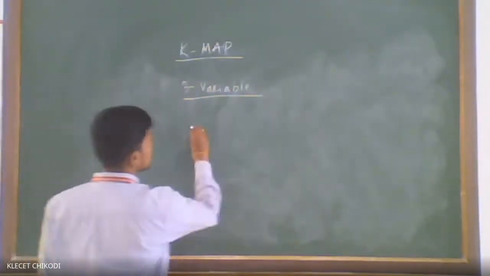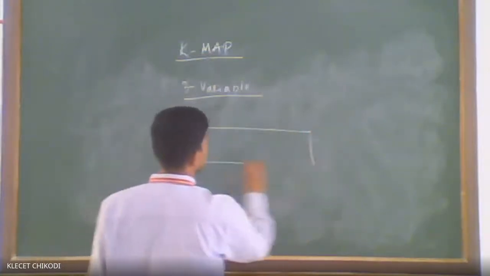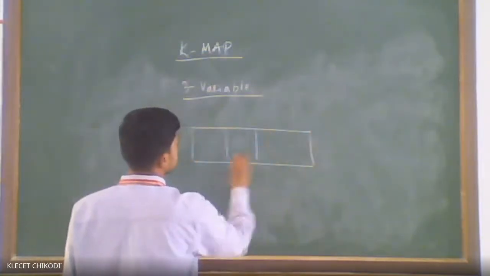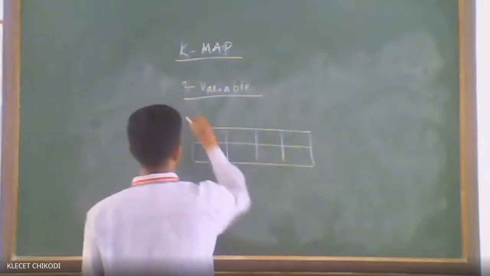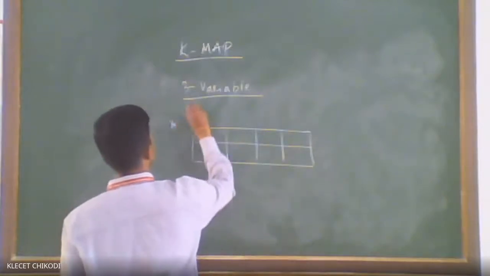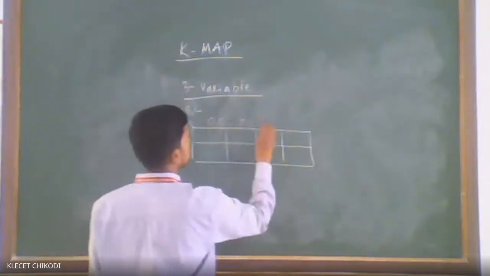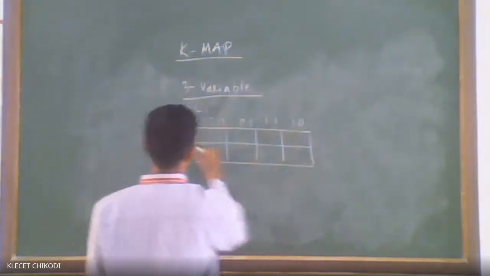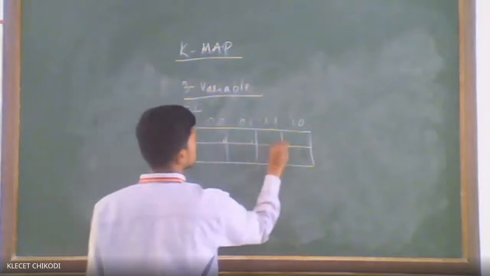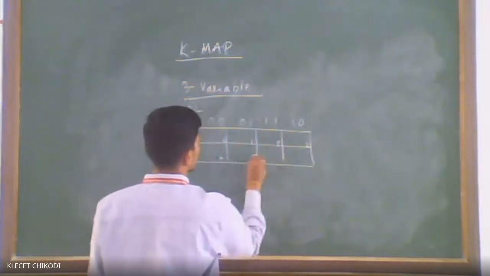So it will be like this, total 8 cells. If you consider the variables A, B, C, the cell numbering is 0, 1, 3, 2, 4, 5, 7, 6.